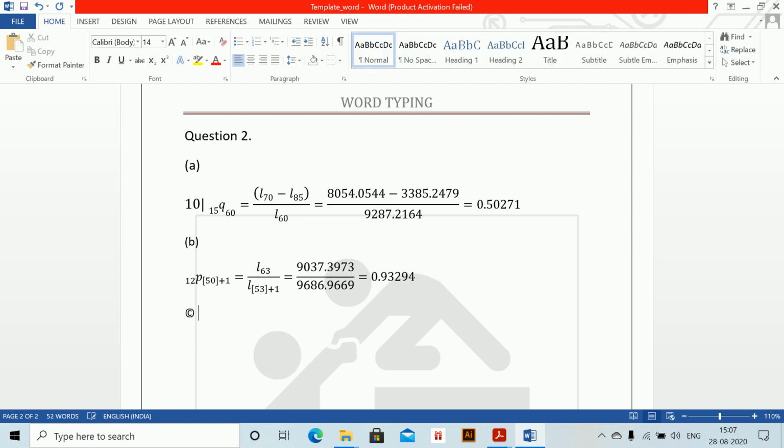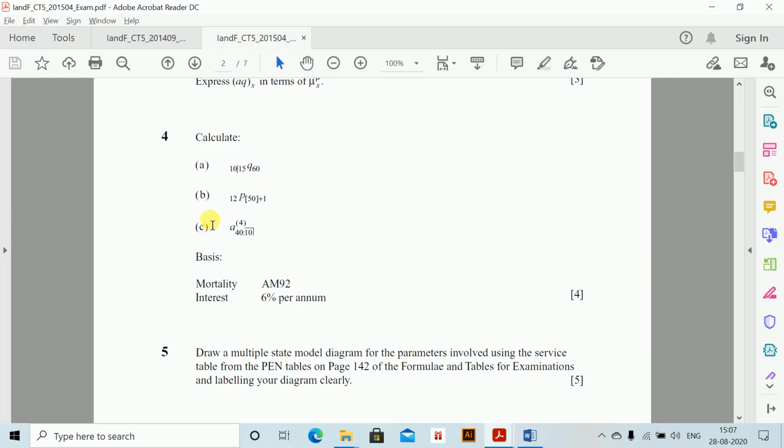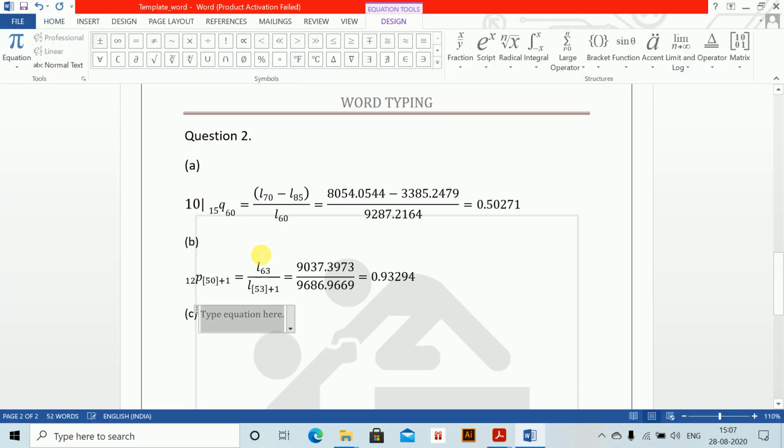And part C, a40:10. Alt Shift O has my a-due xn:m. I haven't saved a xn:m, because we need it here, so I'll just write it quickly. A subscript x, n to the power m, and click on n divided by bar.